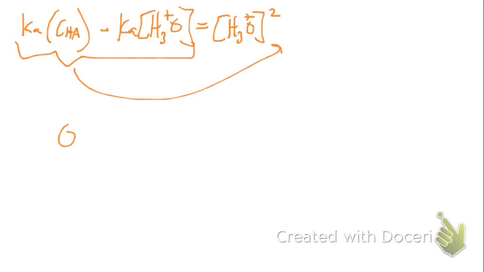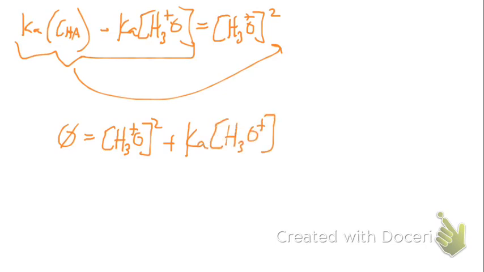And so we're going to get 0 equals H3O plus squared plus Ka H3O plus minus Ka CHA.